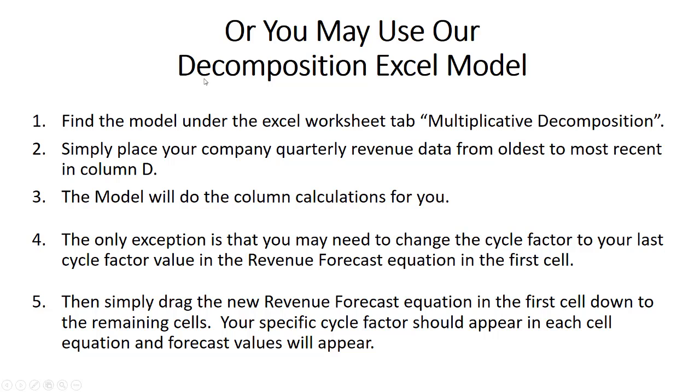Okay. You could use the Excel multiplicative decomposition template that we've given you. Just plug your data in. It's a colored template that you saw, and it'll do the forecast calculations for you.